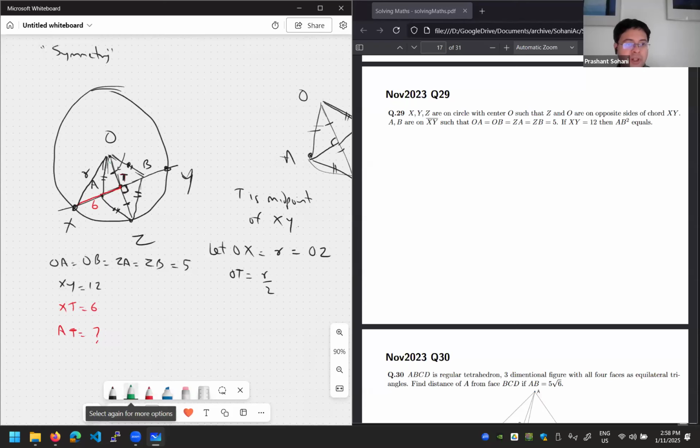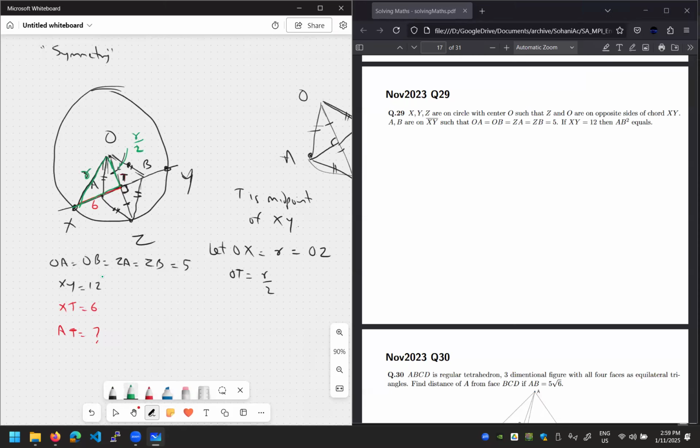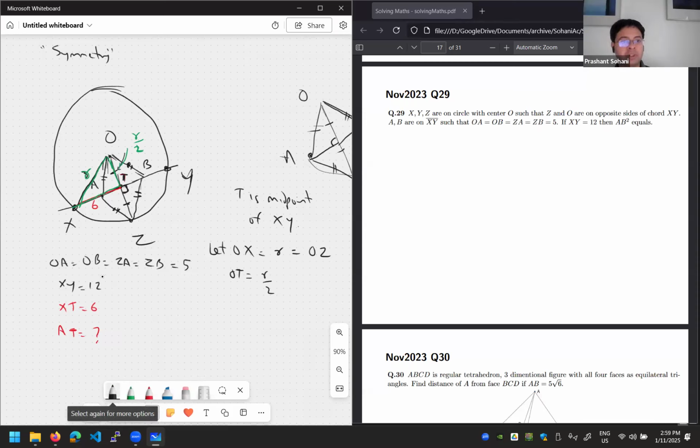So what can you observe about this triangle OTX? One side is r, the hypotenuse is r, and OT is r by 2. So what can you say about this triangle? It is a 30, 60, 90 triangle. We know the 30, 60, 90 property in the reverse direction also: if the angles are 30, 60 and 90, then this side is half of the hypotenuse.